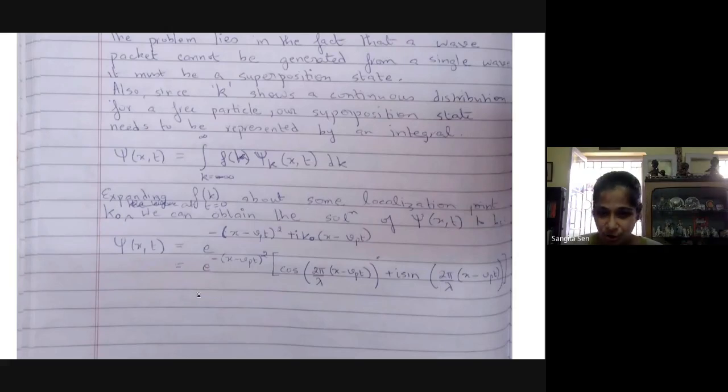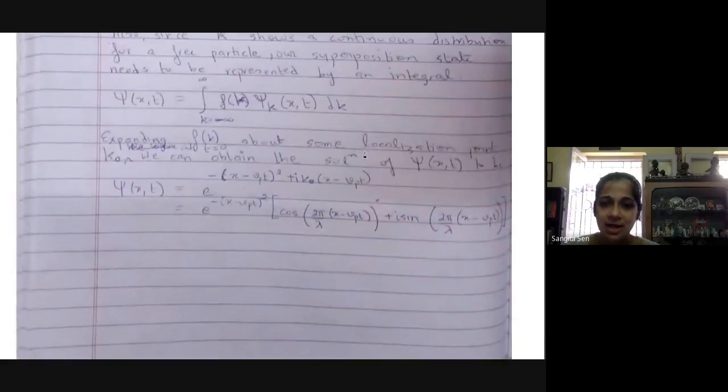I just wanted to show it to you, and then what you get is this superposition state where you have e to the power minus (x minus vpt) whole square, and you have a sort of oscillating phase over here.